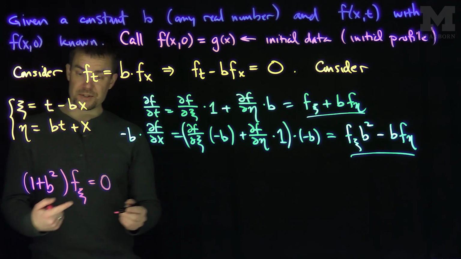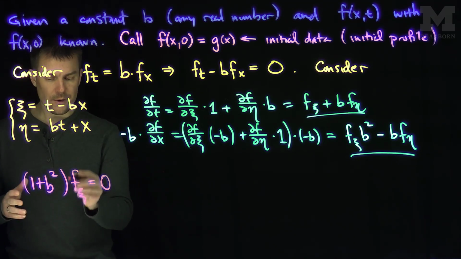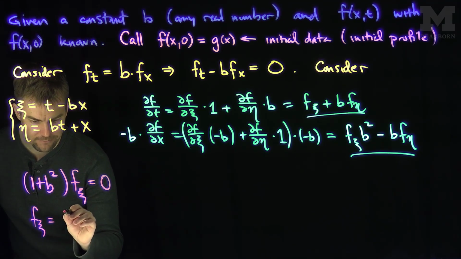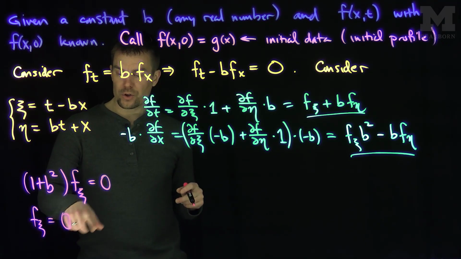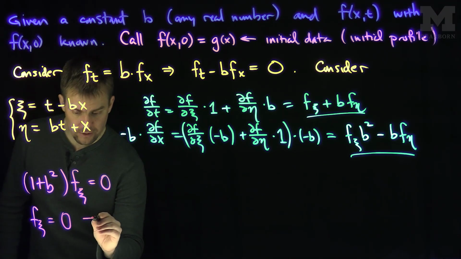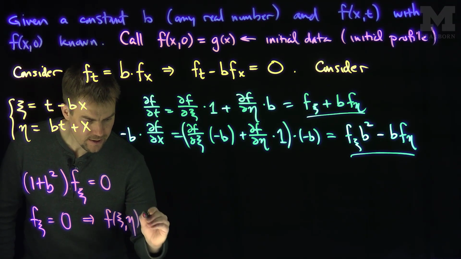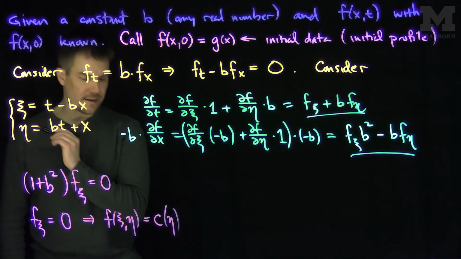Now 1 plus b squared is not 0 because it is greater than or equal to 1 for any real number. And so that tells me that f_xi is equal to 0. So my function as a function of xi and eta has no xi dependence, which means you have to be a function of eta. So f of xi and eta is just some function, which we don't know yet, c, only depending on eta.